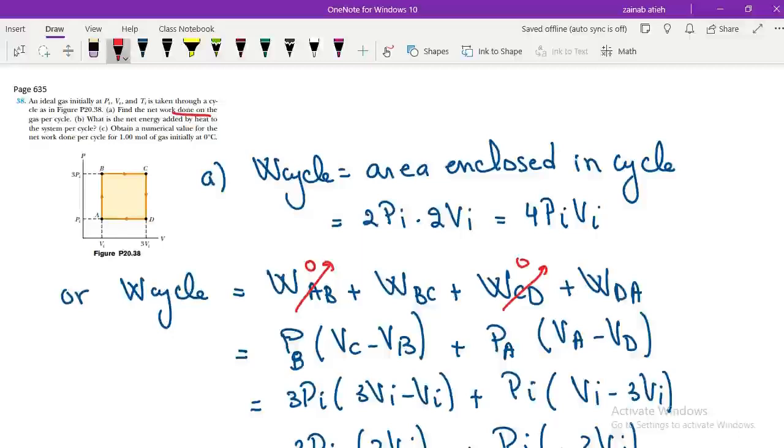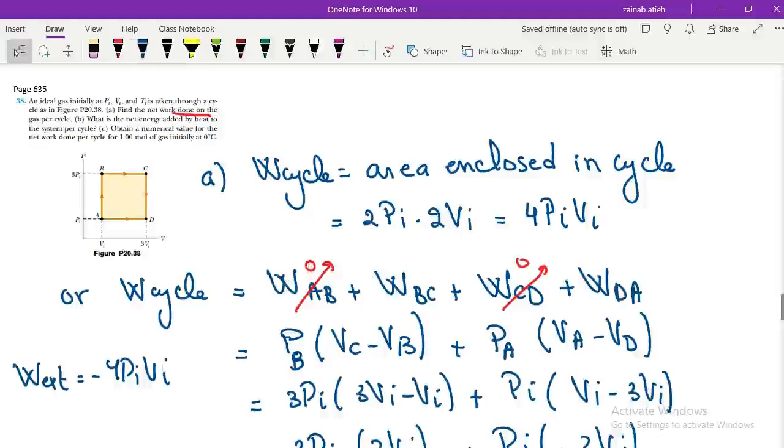When I wrote the second method, I forgot. So the work done on the gas, which is the external work, is equal to minus the work done by the gas, which is simply minus 4 pi Vi. So this is the work done on the gas. Now in part C, he's asking me to calculate this work, the work done on the gas.